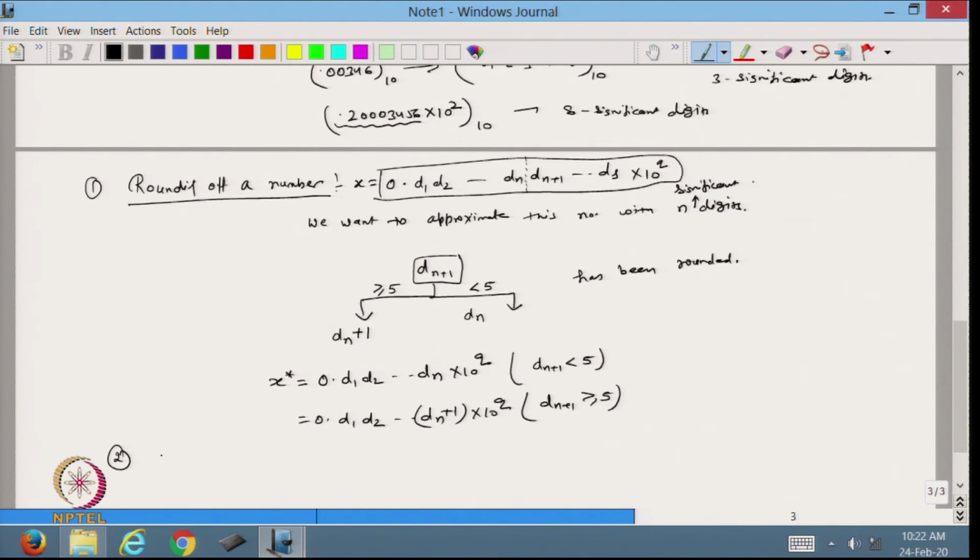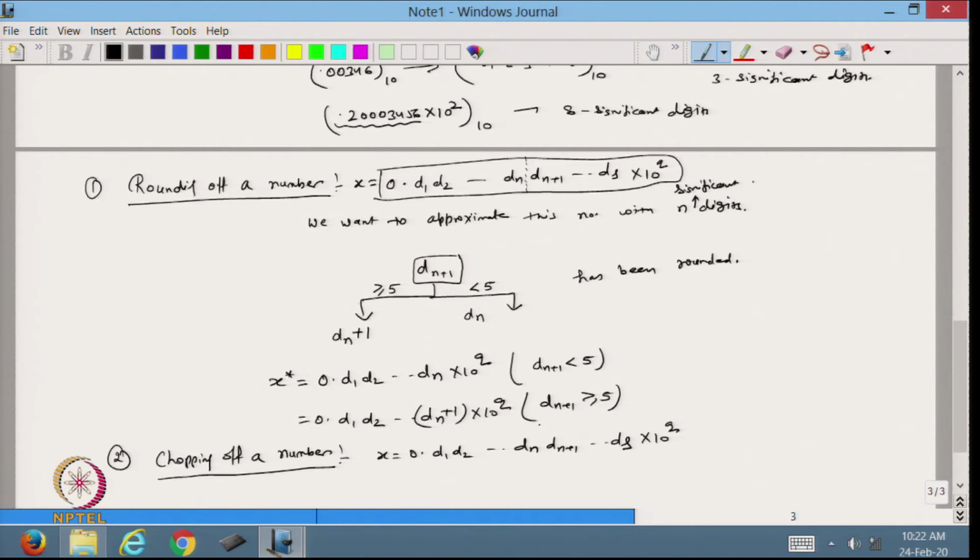The second one is the chopping of a number. In this case we do not care what the value of dn+1 is. Suppose we have the same number, 0.d1 ... dn dn+1 up to ds, with s significant digits, times 10 raised to power q.